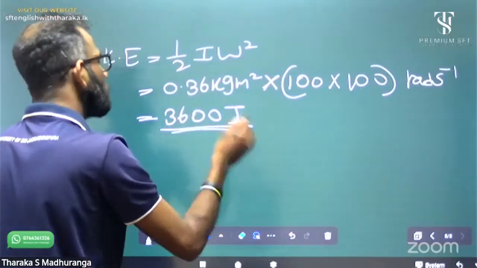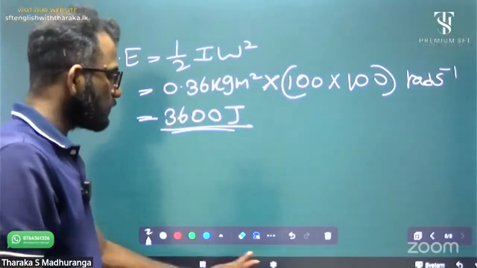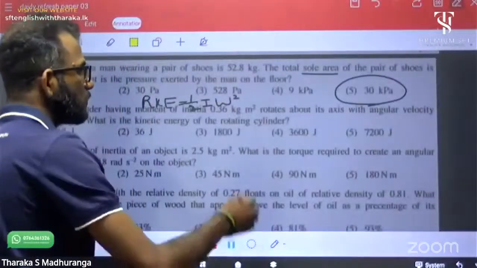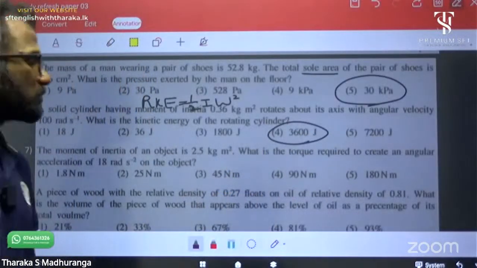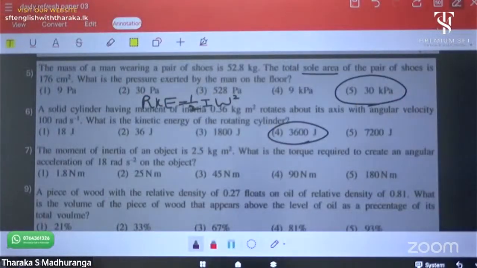Any kinetic or potential energy is in joules, so 3,600 joules. Answer number 4.